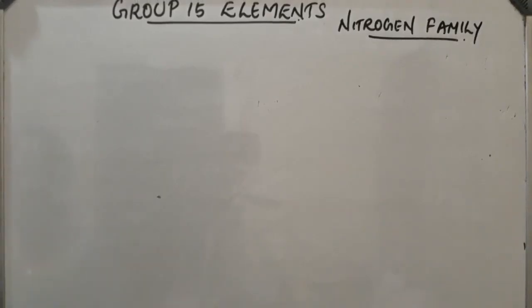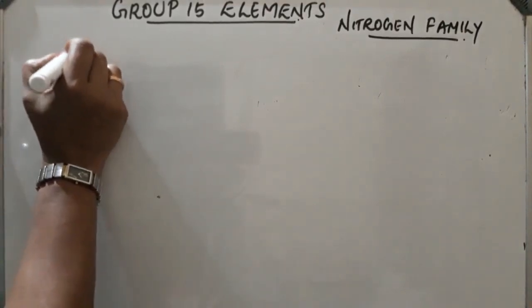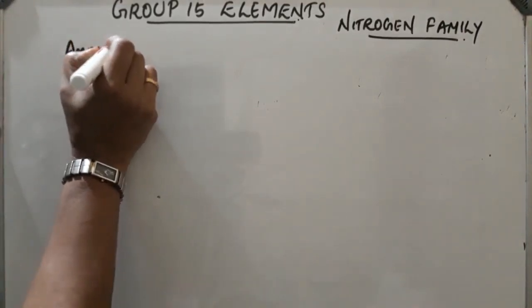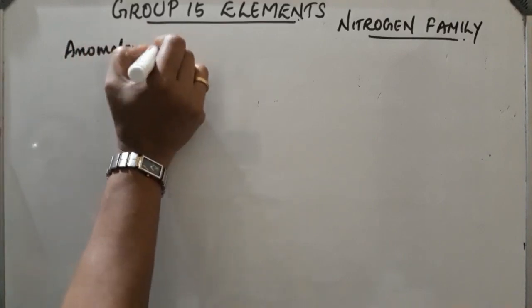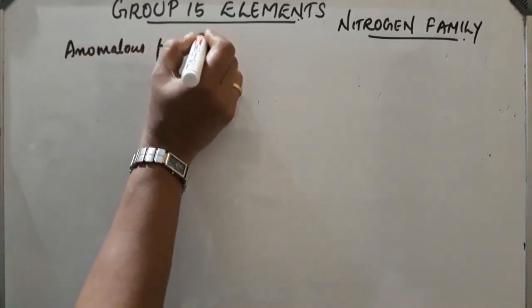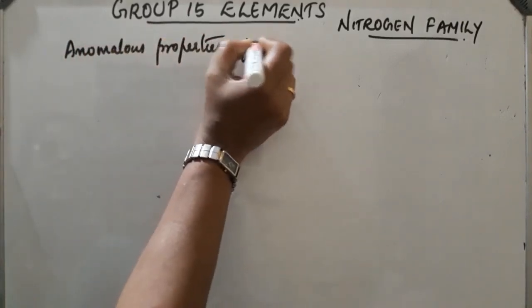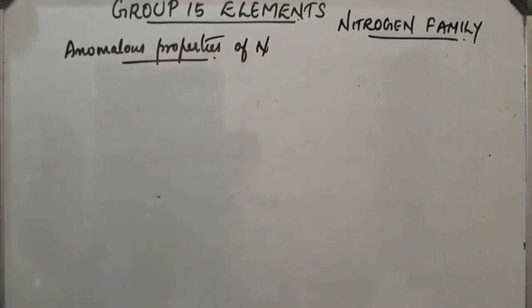Next, anomalous properties of nitrogen. First point, nitrogen differs. Why does nitrogen differ?